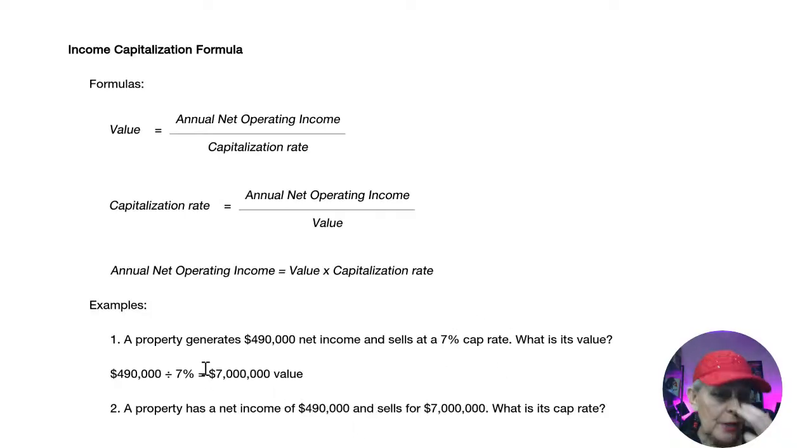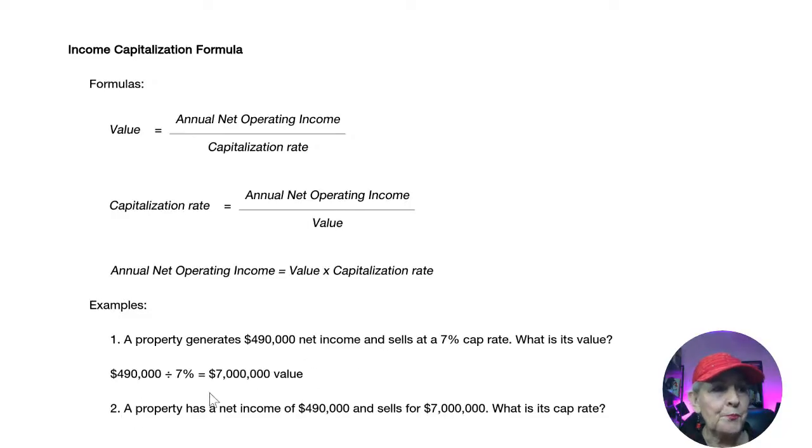Those are 2 very important factors when a buyer wants to buy a property. They want to know how much the income is, net income. So that's gross income minus operating expenses equals net income, right? So 7 million. Nice property, huh?